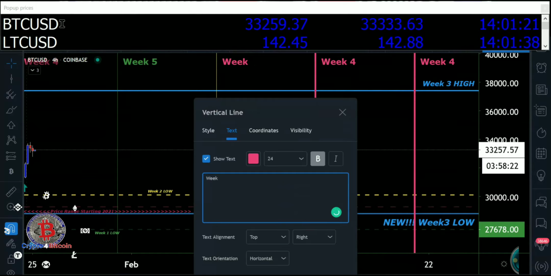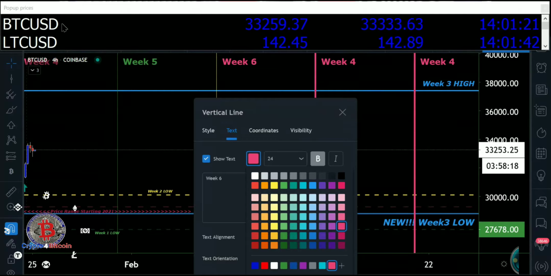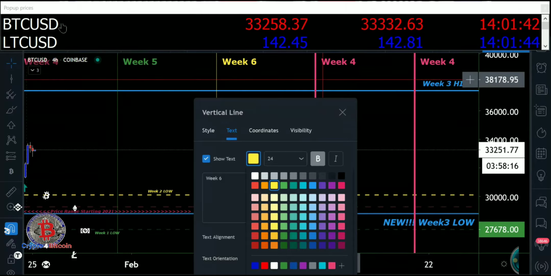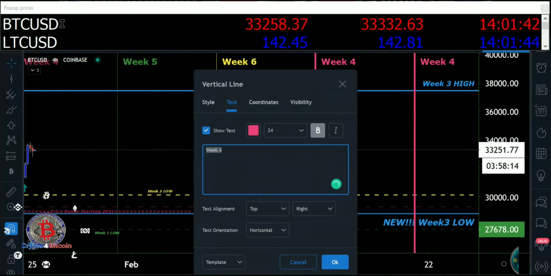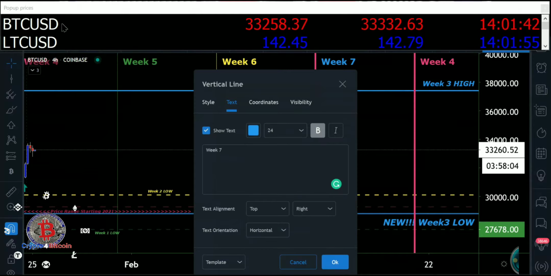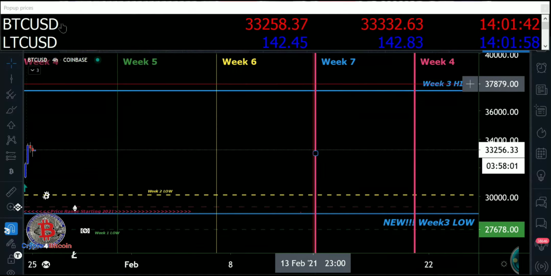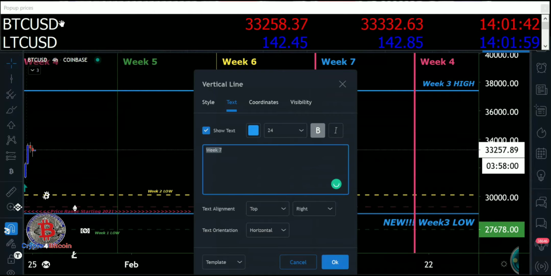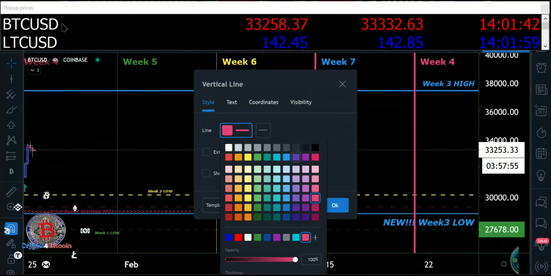Text, week 6. Color, yellow. Week 7. Color, I think it was that blue, if I'm correct. Oh, oops. Color blue, right?